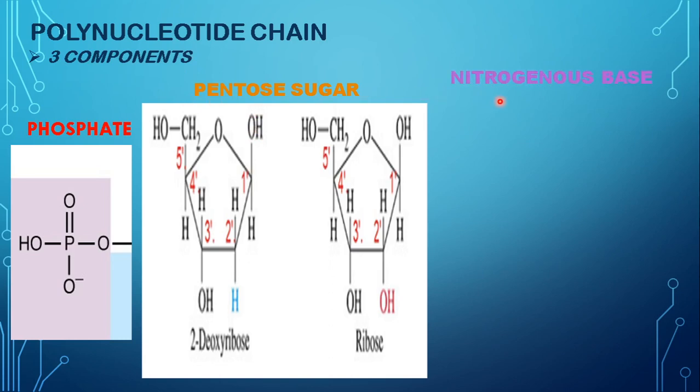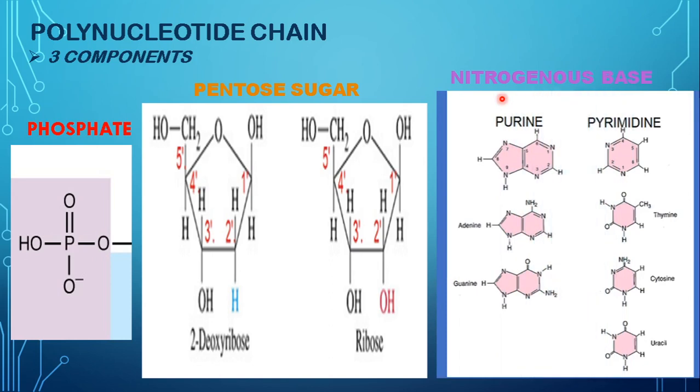Then the third component is a nitrogenous base, a compound which is quite rich in nitrogen. There are two types of nitrogenous bases, mainly purine and pyrimidine. One nucleotide will be made up of phosphate, pentose sugar, and either a purine or a pyrimidine. Purines are mainly of two types, adenine and guanine.